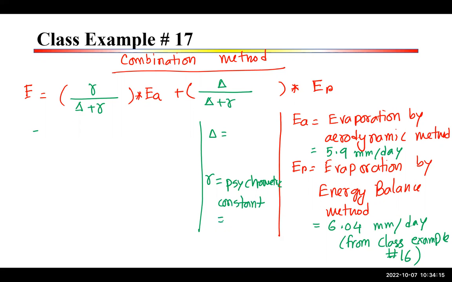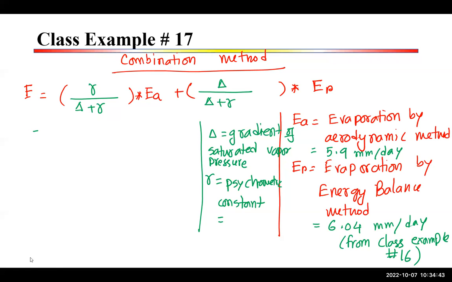Basically, that is the difference between latent heat and specific heat. And the delta is what? Whenever we use delta, we know that is kind of some differential value, right? So this one is actually the gradient of saturated vapor pressure.